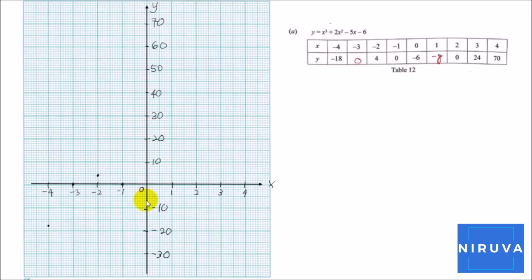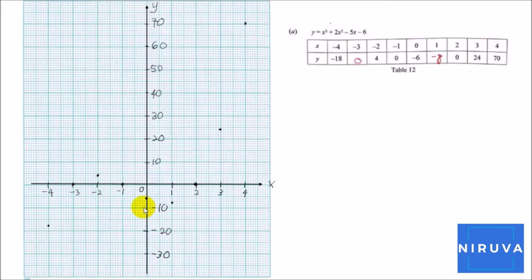Okay, 0 at negative 6, so here. And then 1, negative 8. Negative 8. 2, 0. 3 is 24. And lastly, 4 at 70.